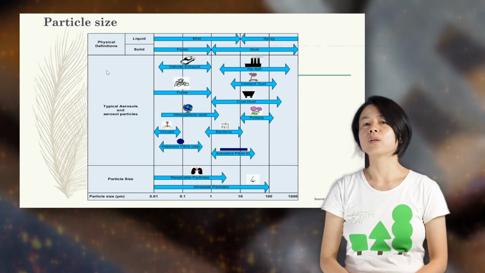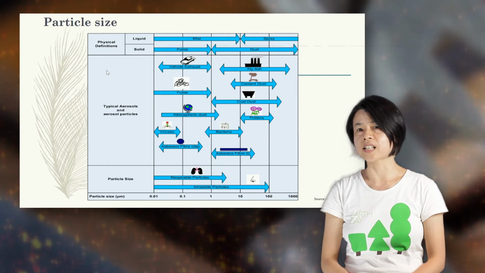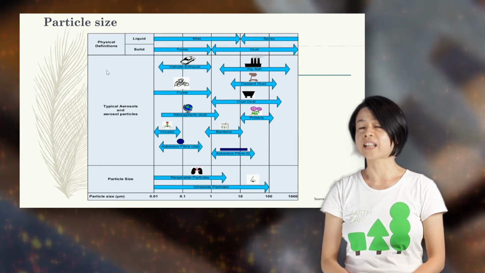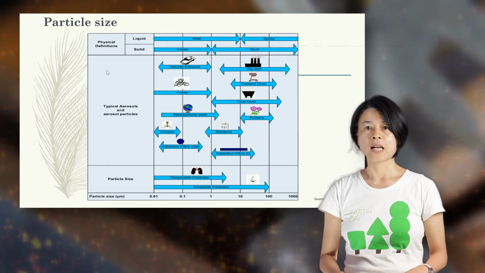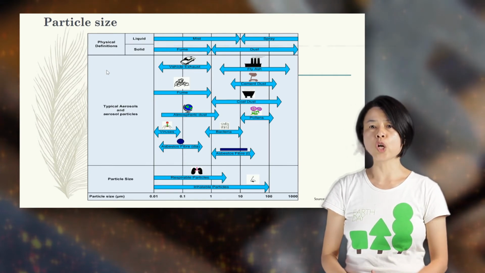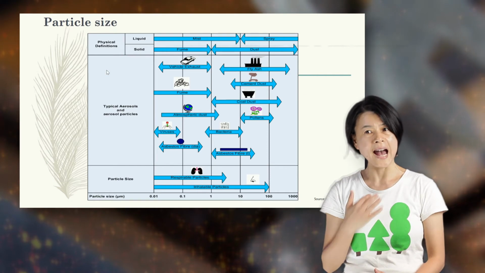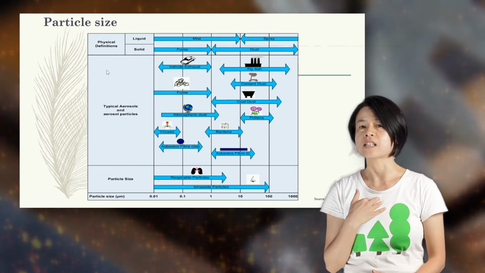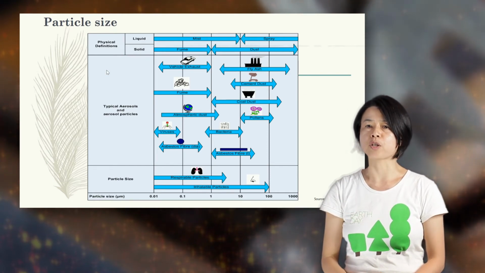Here is a table. It summarizes the characteristics of pollutant particles based on their sizes. And you can see over here on the bottom row. The bottom row shows that the particles are inhalable when the size is smaller than 100 micrometers.